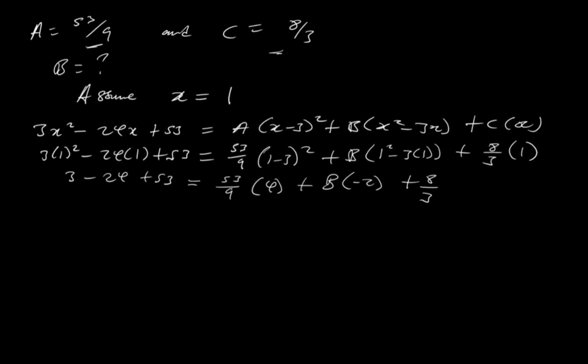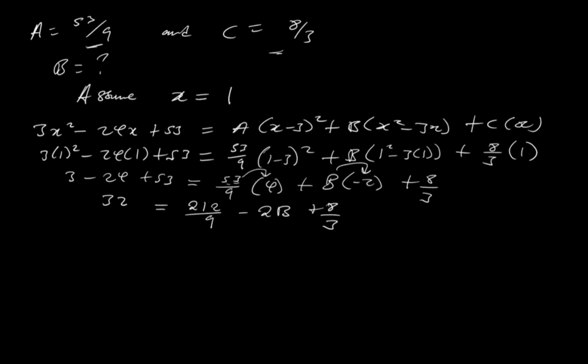If you use your math skills, 3 minus 24 gives you negative 21. If you add it to 53, you end up having 32. So it'll be 32 being equal to, 53 times 4, you end up having 212 over 9. Then negative 2b plus 8 over 3.